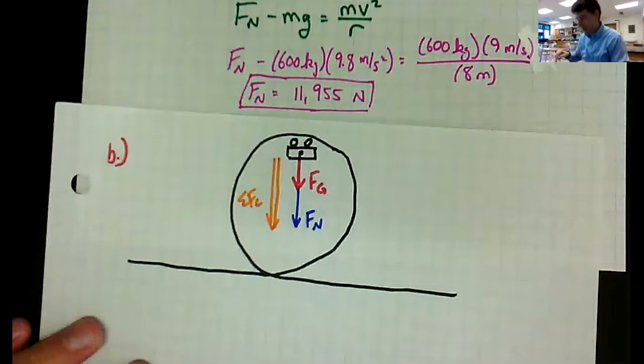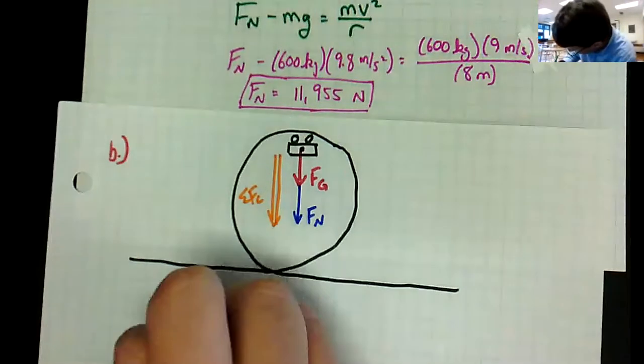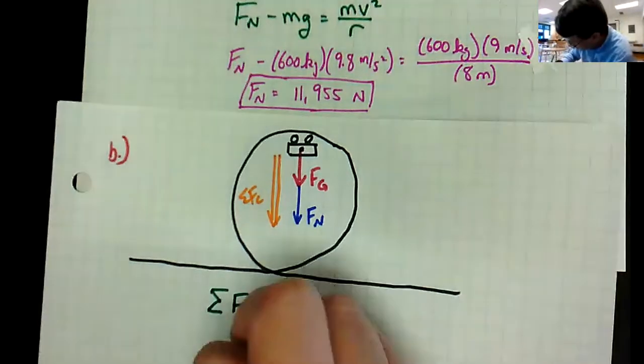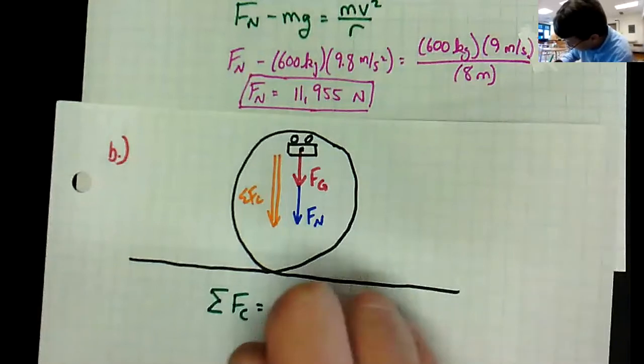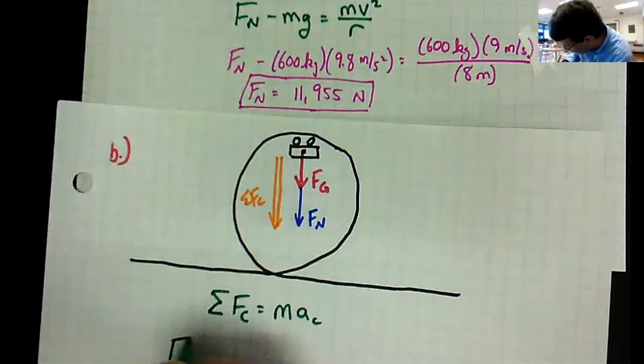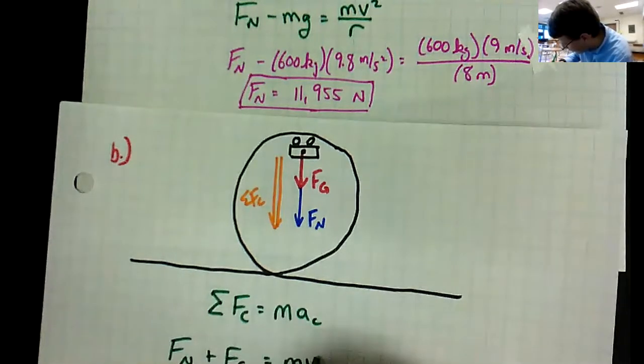They're helping each other out. Now I say the net centripetal force is m a_c, or I could say that in this case, it's going to be normal plus gravity is equal to mv squared over r.